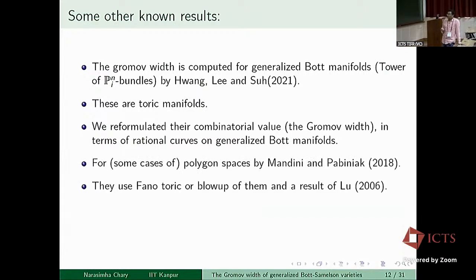Some other known cases are polygon spaces, but for polygon spaces they have done only some cases, by Mandini and Pavignano. But here again, if you go into the techniques for the polygon spaces case, you reduce to the case of Fano toric varieties and blow-ups of them, which is already known by Liu in the toric case.